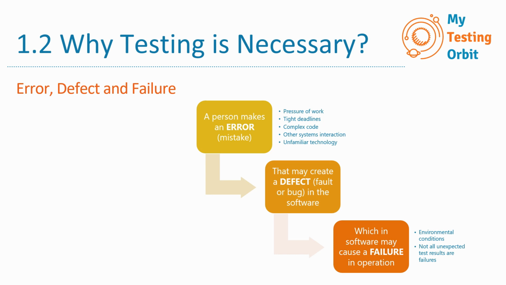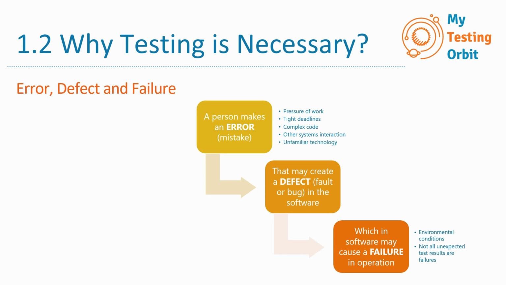It can be pressure of work, tight deadlines, or that the code is very complex and quite tough. It might be that there were some interactions with other systems, or maybe the person who made the mistake is unfamiliar with that specific technology.